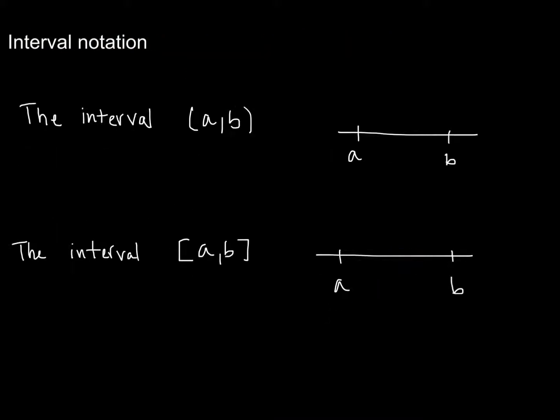Alright, interval notation. This is something that you've seen in the past, and there's really only two things to cover here. We can talk about an interval with curved brackets and an interval with square brackets.